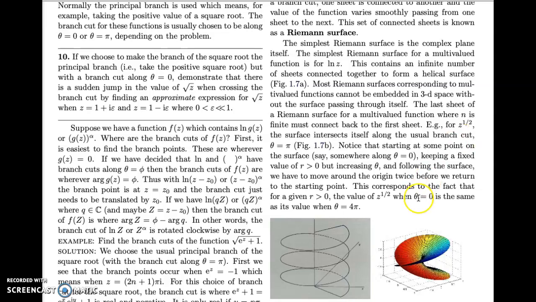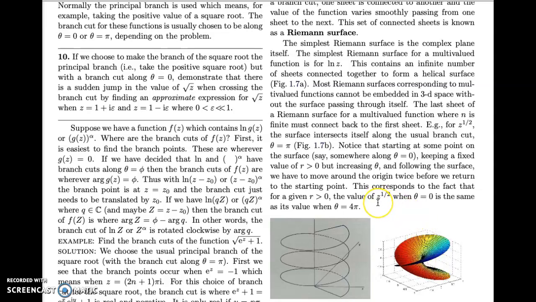And basically what happens is that as you increase theta from 0 upwards, you sort of go round, and you end up going round twice before you come back and reach your starting point.